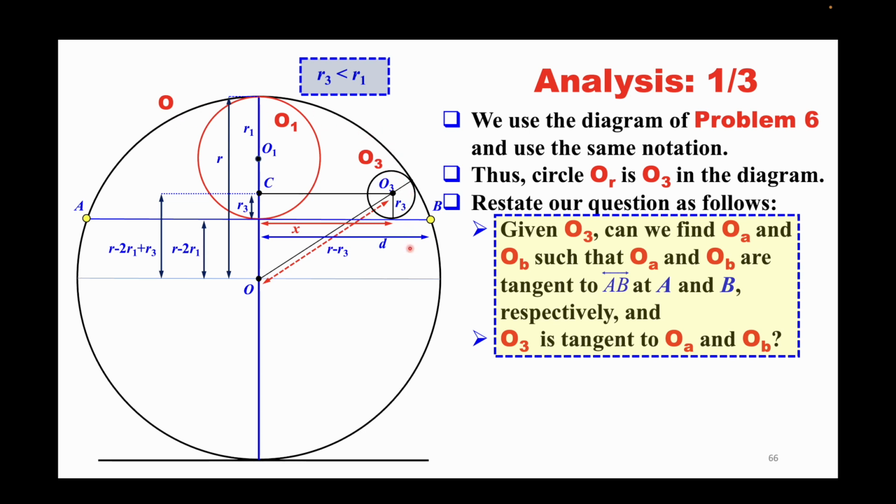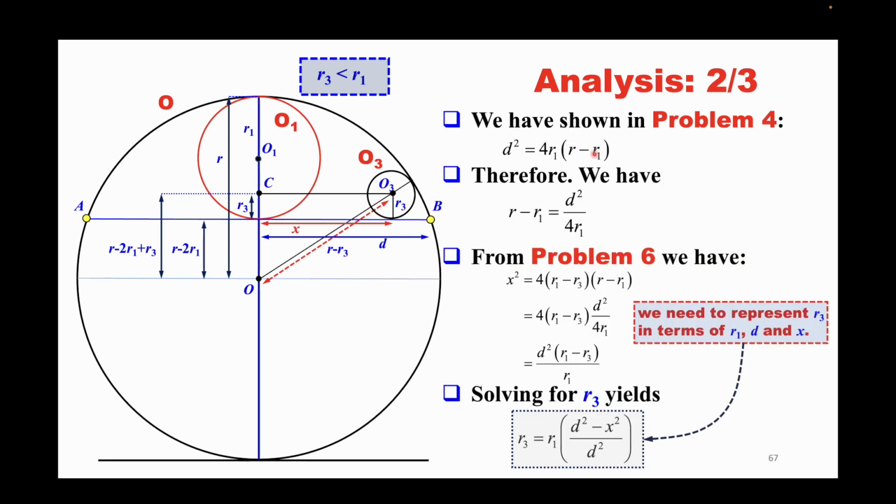Given an arbitrary circle O, and a circle tangent to O and a common core, it may not be possible for us to construct OA and OB so that OA, OB are tangent to A and B, and they are tangent to each other, and also OA, OB, O3 are tangent to each other. So if that's the case, what is the condition for us to make such a case? This is what we are going to do.